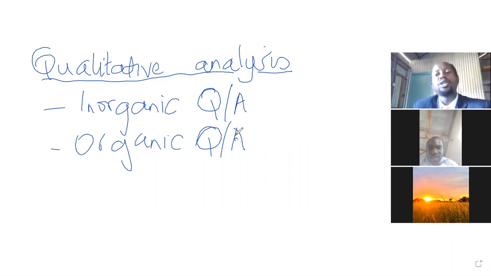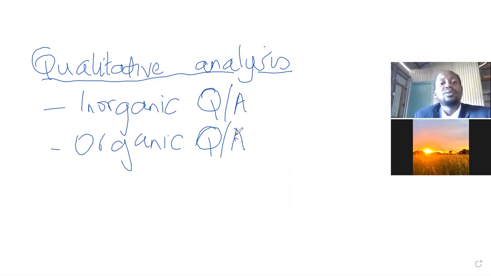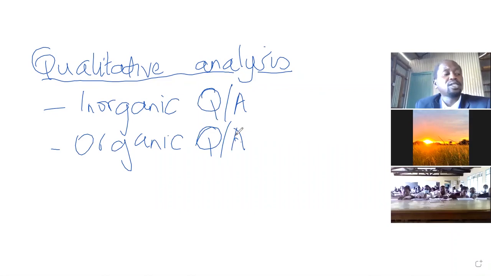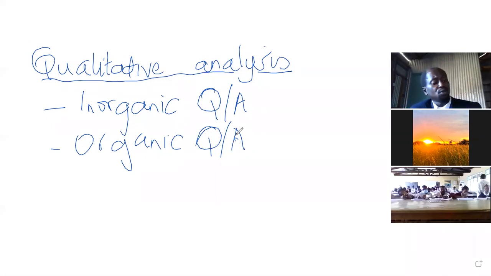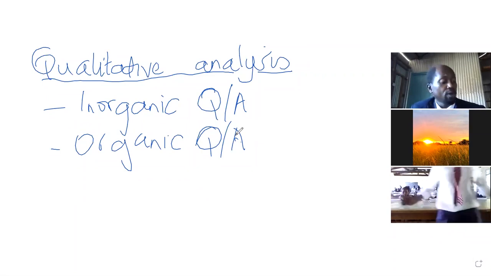So inorganic qualitative analysis normally deals with ionic substances, or substances which consist of metallic cations, non-metallic anions. While organic qualitative analysis deals with organic substances.